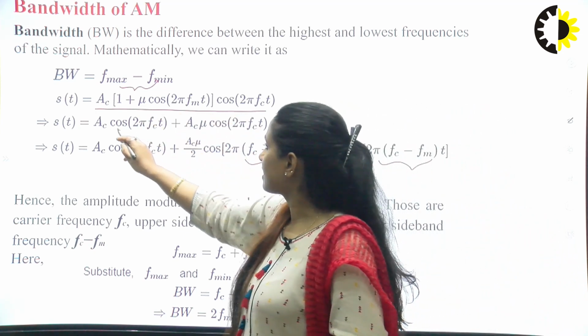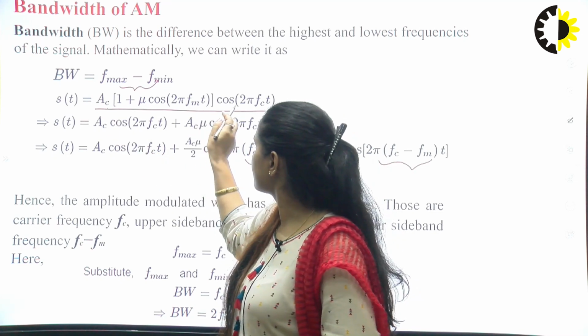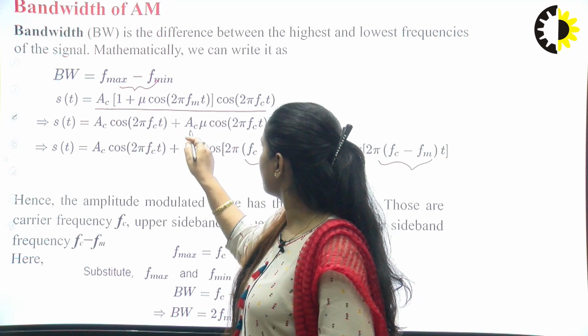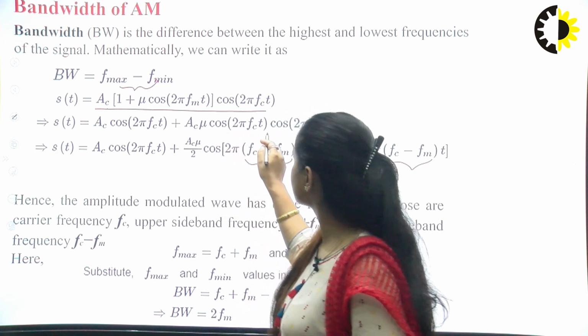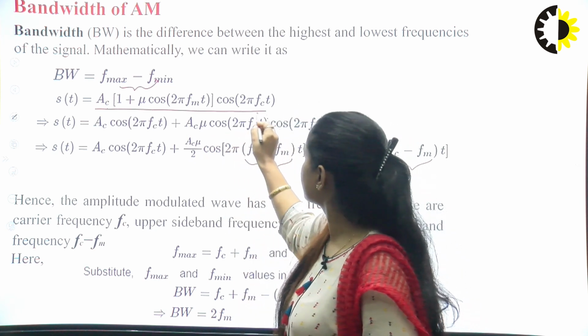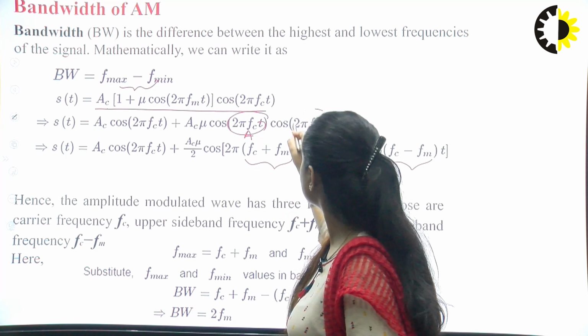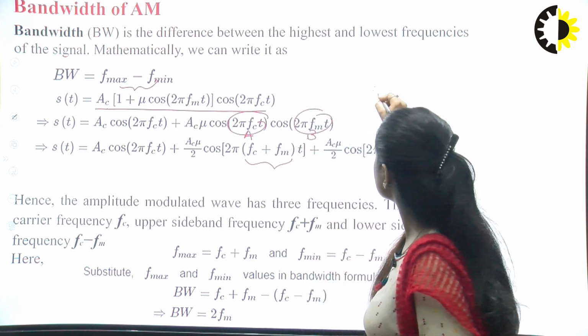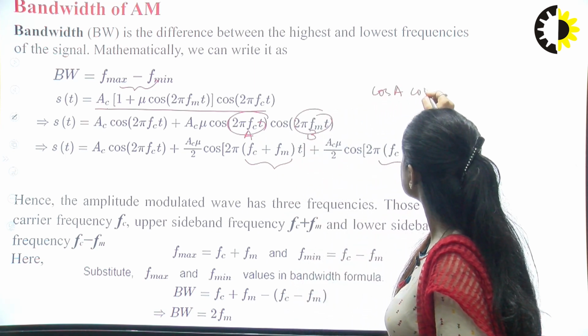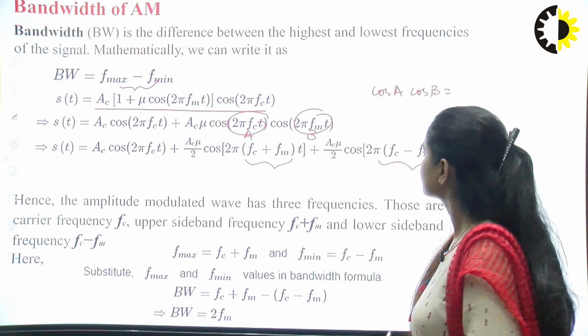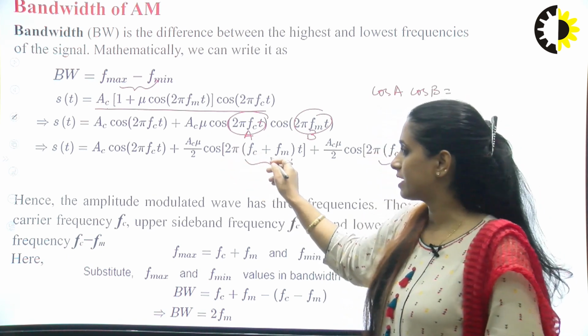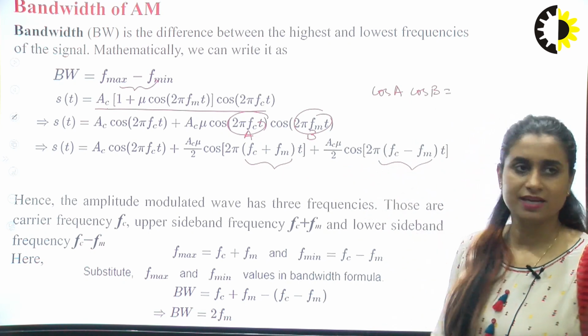When I open the bracket, I get Ac cos 2 pi fc t, and with this I get Ac into mu cos 2 pi fc t cos 2 pi fm t. Now treat it as A and B. Now I know that cos A cos B is half of cos(A plus B) plus half of cos(A minus B).